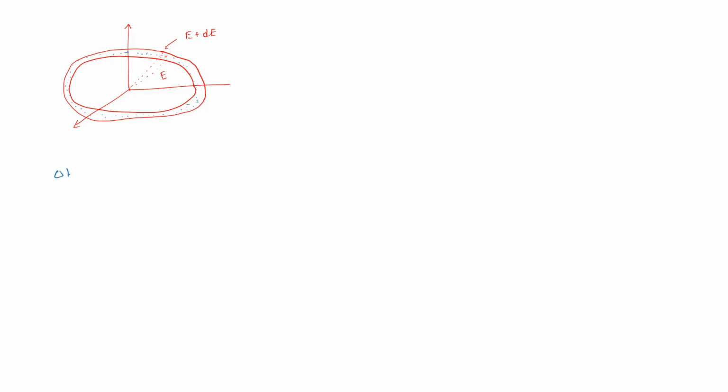We already have seen that delta kx, delta ky, delta kz is equal to 2 pi whole cube over volume. This is the k space volume of one state.